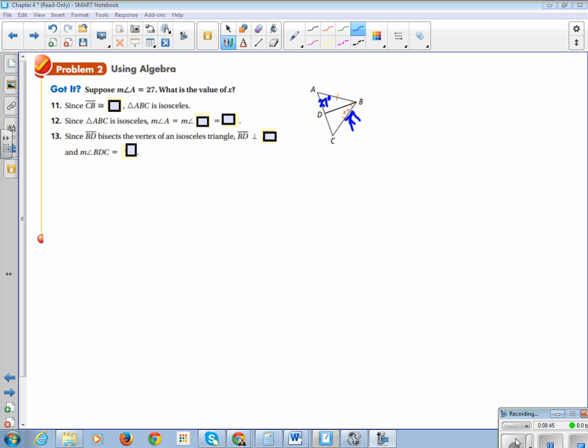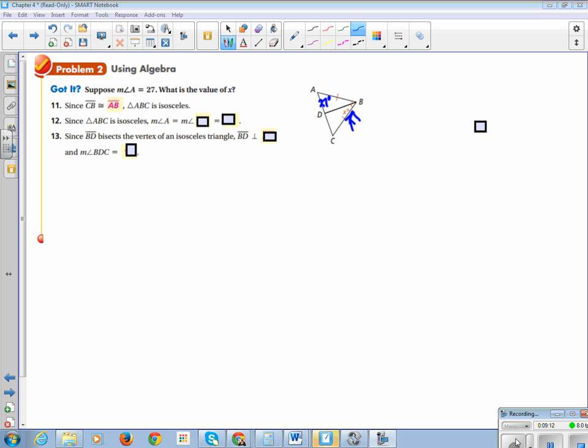He's the angle you get when you bisect B. All right, so since CB is congruent to which other side? AB, thank you much. We have an isosceles triangle. And if we have an isosceles triangle, we know that angle A is equal to what other angle in our triangle here?